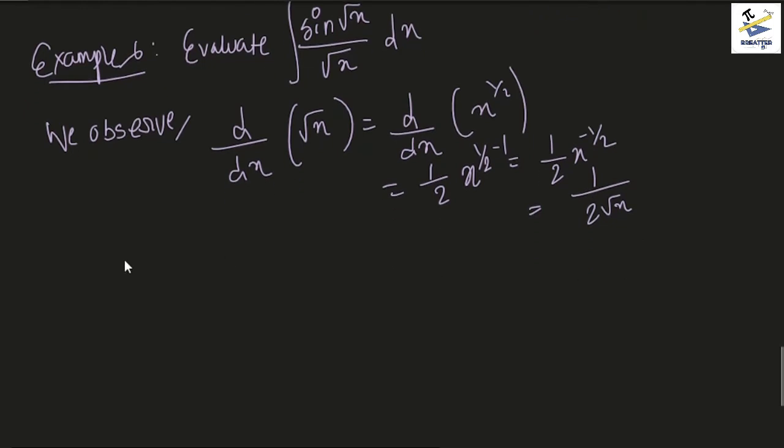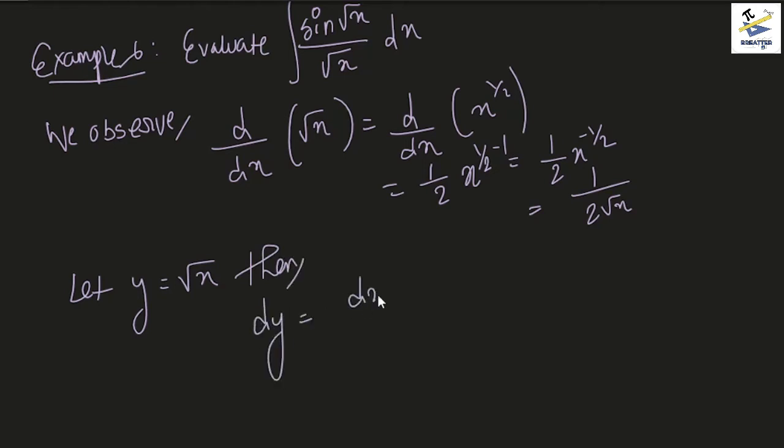So if we were to differentiate, what we would get is something like this. Let y equal root x, then dy should be equal to dx by 2 root x, right?